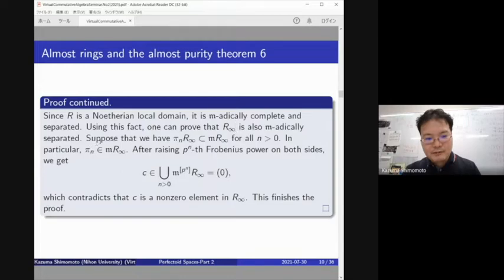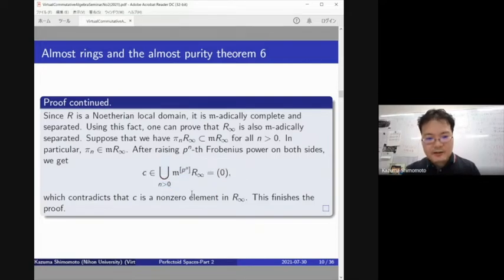Suppose that we have this relation, pi n times R infinity is contained in m times R infinity for all n. In particular, pi sub n is contained in m times R infinity. After raising P to the nth root, the nth Frobenius power on both sides, we simply get this.